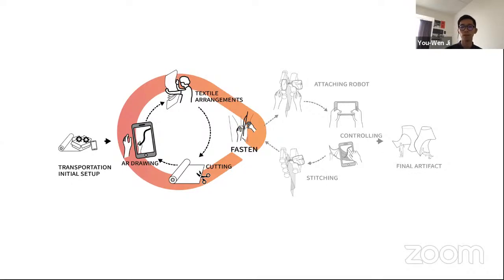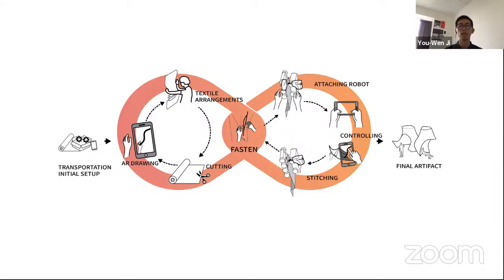Once you temporarily fasten the textile together with pins from the initial place, you can put it into the next stage, attach the robot and start stitching. While the robot is working, the designer can simultaneously design the next steps. The designer can experience the space quality in real time while the textile forming is happening.